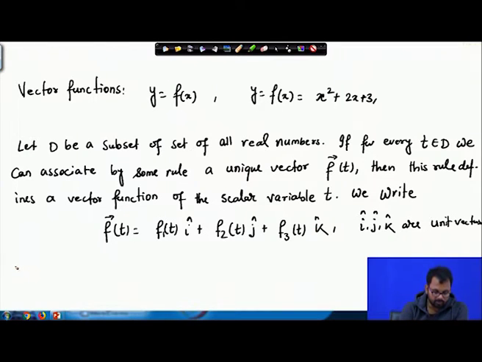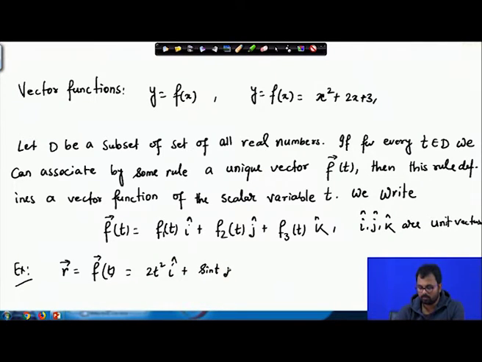One possible example could be, let us say, r equals f of t. We write the vector function by r, and r is a function of t. We write r equals f of t equals 2t square i plus sin t j plus cos t k, for, let us say, t in the interval 1 to 2.